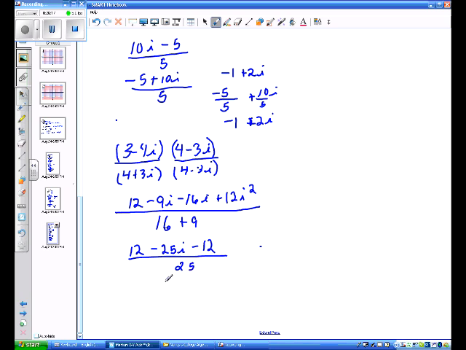Well, 12 minus 12 is 0, so we have negative 25i divided by 25. Then we can reduce this and end up with negative i. And so we ended up with a pure imaginary number as we went through.